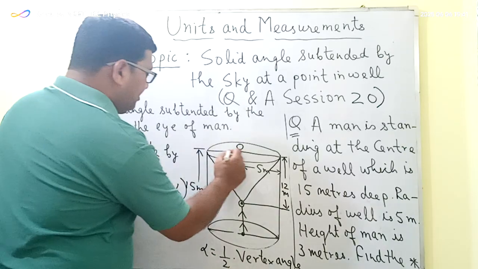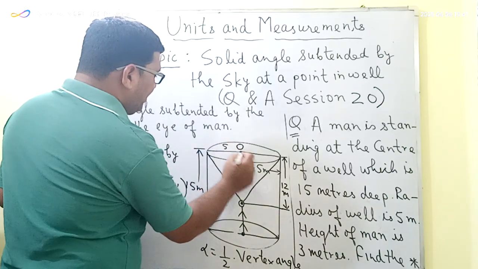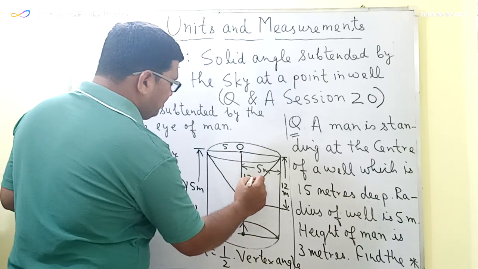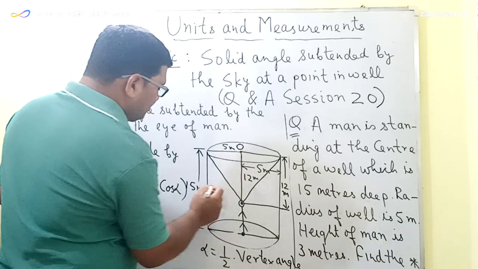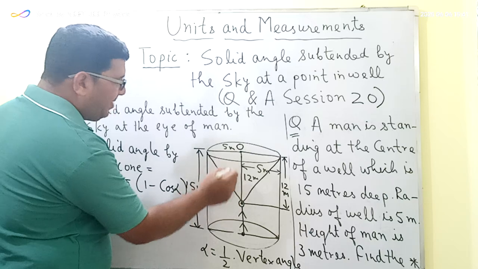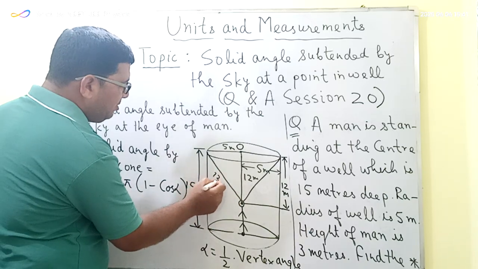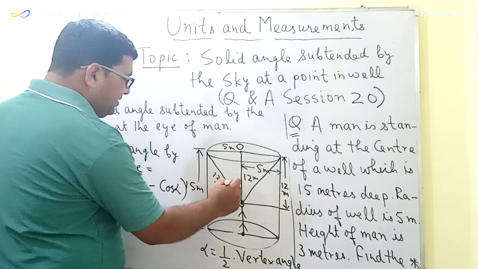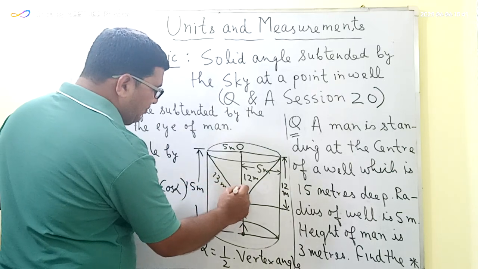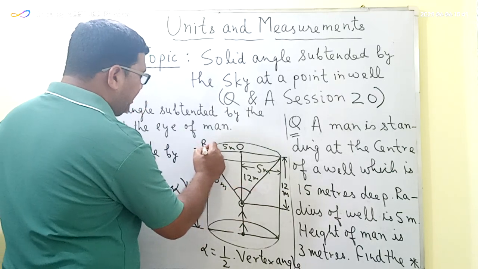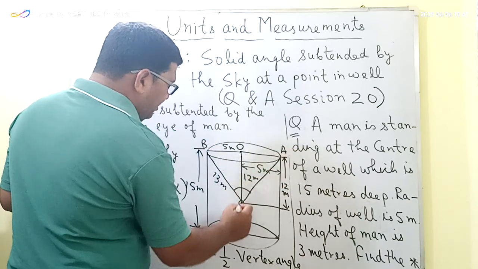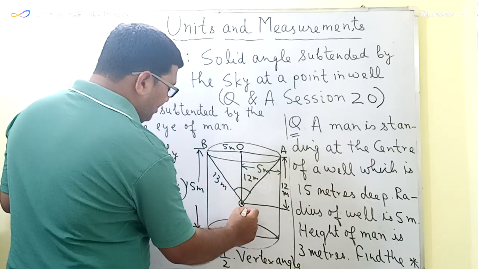So the radius is 5 and this is 12 meters. The slant height of this cone, by using the Pythagoras theorem, will be equal to 13 meters. Now alpha is half of the vertex angle. Let us say this is the point B, this is the point A, and this is the point C here.